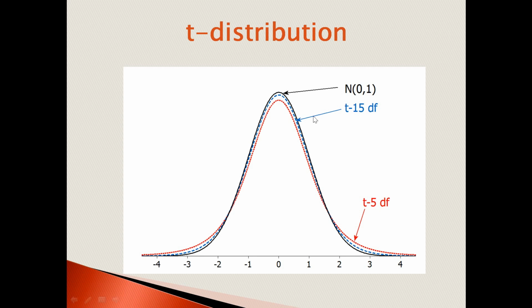And then you have in blue a T distribution that has 15 degrees of freedom. So the larger the sample size, the closer the T distribution will be to the normal distribution. Notice how the blue line is closer to the black line more than the red line.